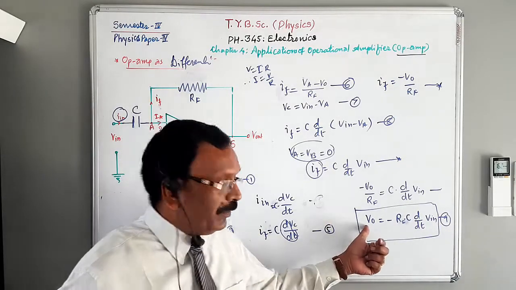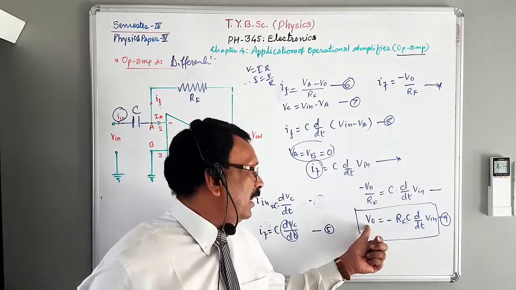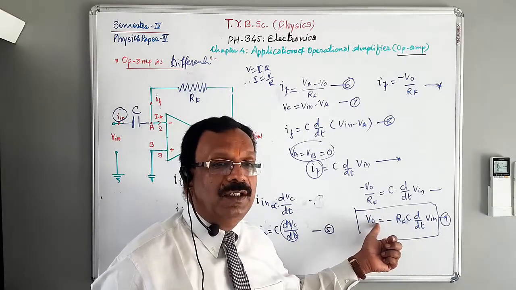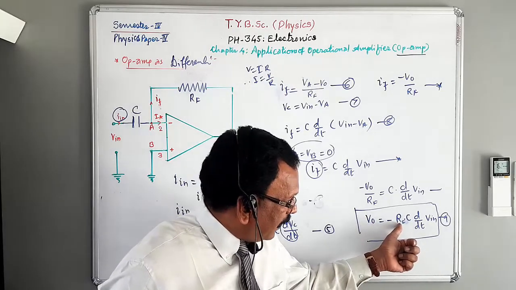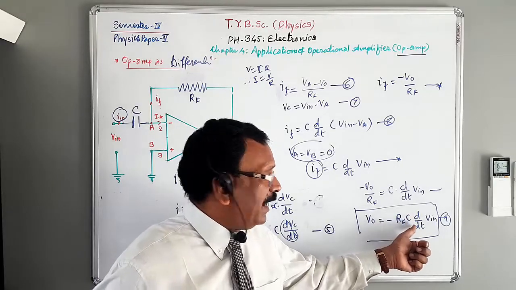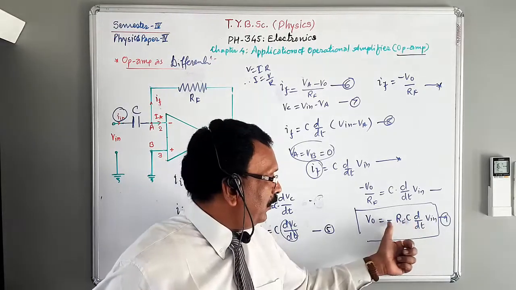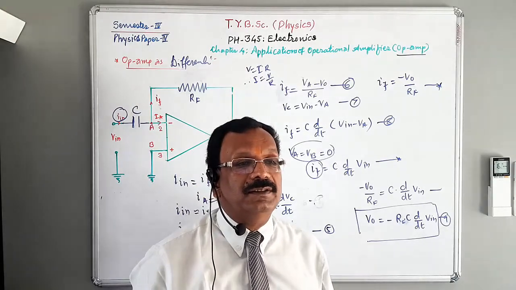This equation represents that the output voltage V_0 is equal to the R_F C or RC time constant times the negative instantaneous rate of change of input voltage.